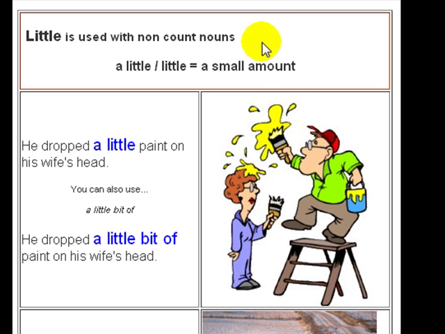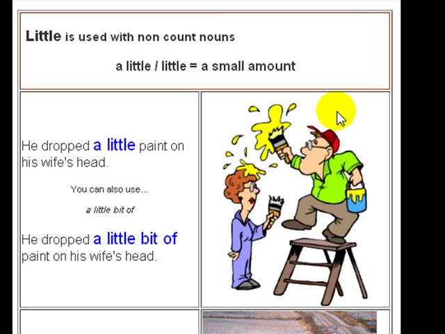For example, this guy's painting. He's got paint. Well, paint is a pretty general word. It could be almost anything. Red paint, white paint, blue paint, plastic paint, lead paint.